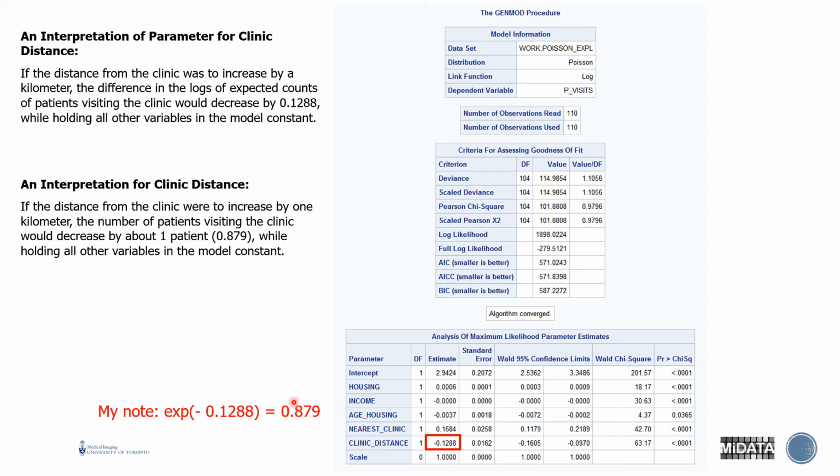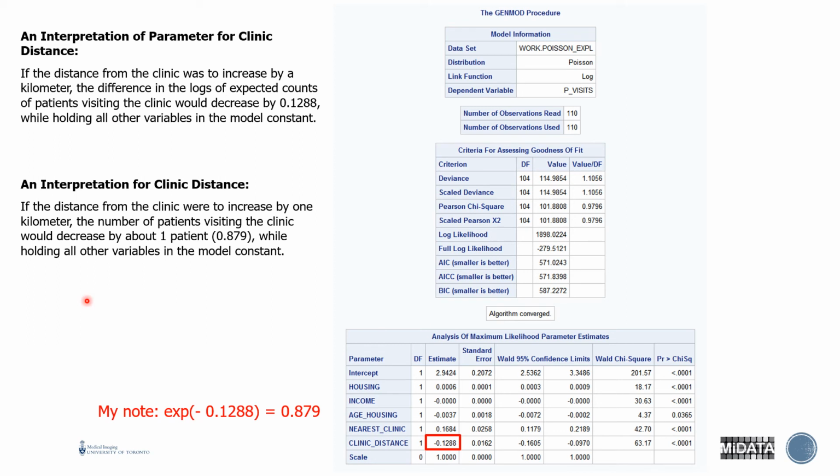So how do you interpret this finding? From the parameter point of view, the estimate of your parameter, if the distance from the clinic were to increase by 1 kilometer, the difference in the logs of expected counts of patients visiting the clinic would decrease by 0.1288, while holding all other variables in the model constant, of course.